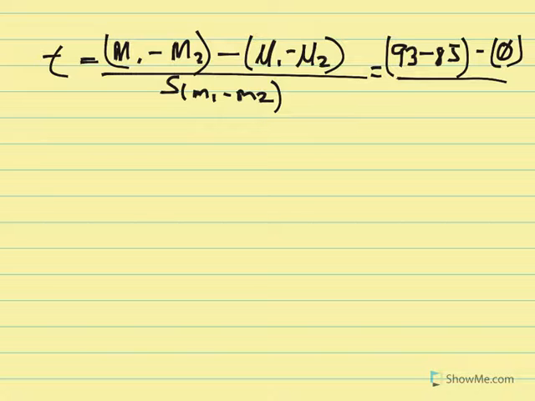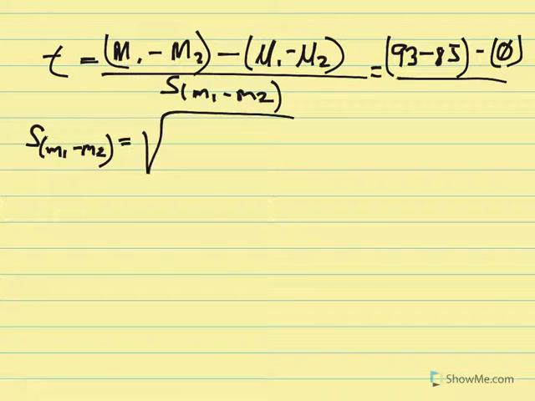And what we don't have is the estimated standard error of the mean difference. So what is our equation? Our equation says the estimated standard error of the mean difference is equal to the square root of these two fractions. So our pooled variance over n for our first sample, and the pooled variance over n2.